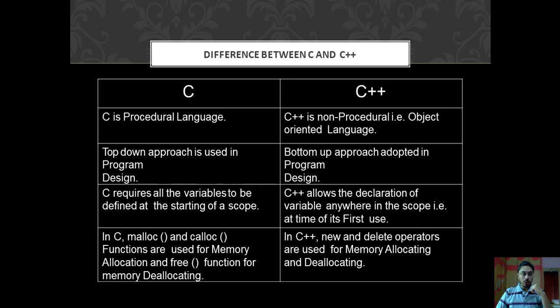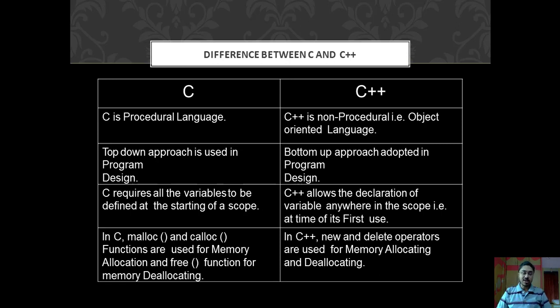As you all know, C is a procedural language, whereas C++ is a non-procedural, that is, object-oriented language. C is inherited from the BCPL or B language, and is considered a procedural language. It means the entire logic in C is divided into small functions, and you have to combine these small functions to get your entire program.